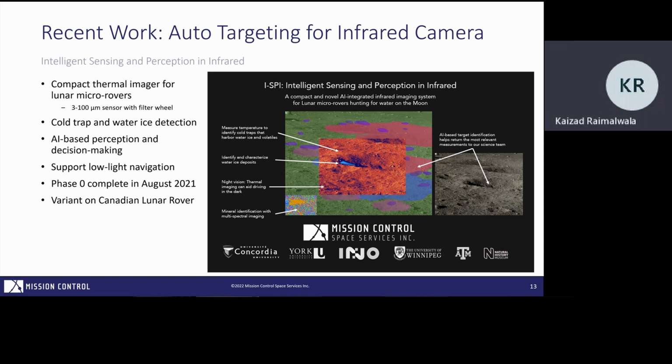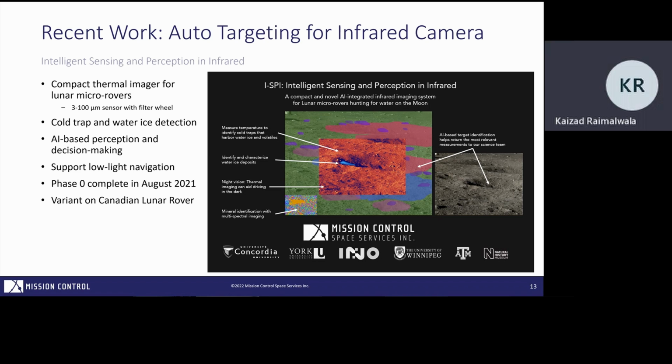Also, in the past couple of years, we completed a phase 0 study for essentially a thermal camera that could be integrated with some of the AI and computer vision techniques here for autonomous decision making, such as targeting craters, for example.